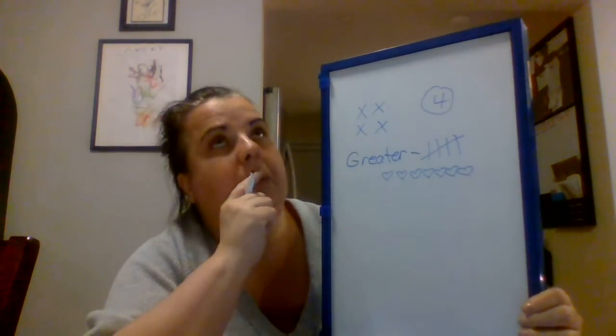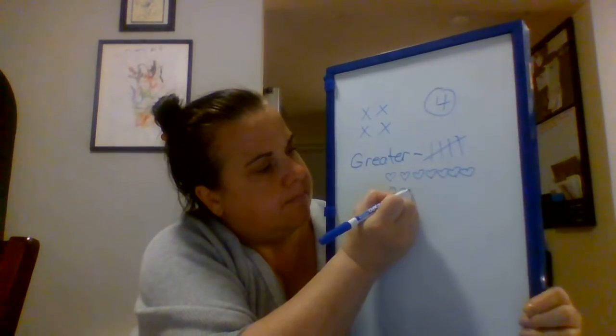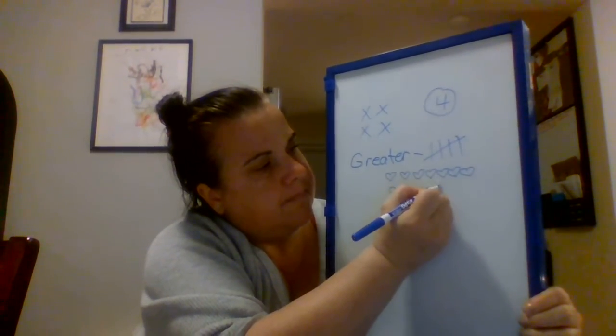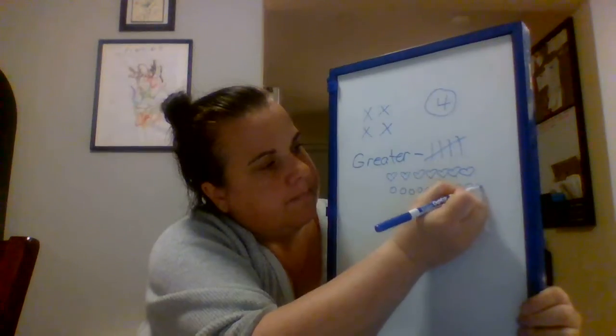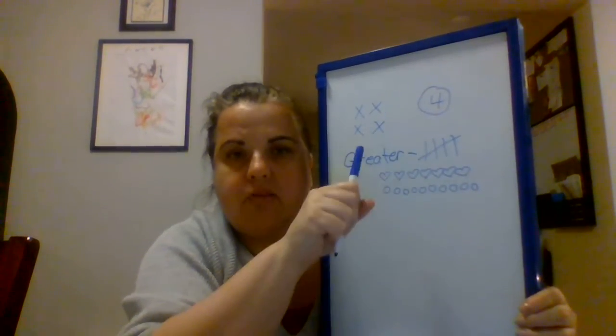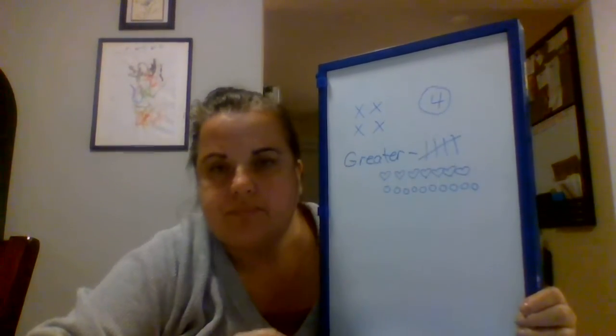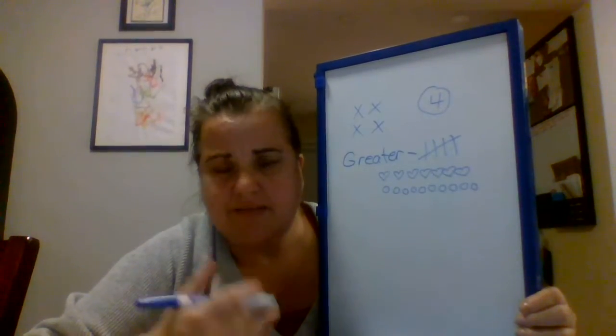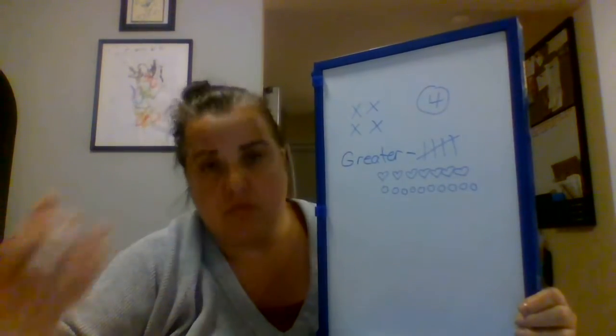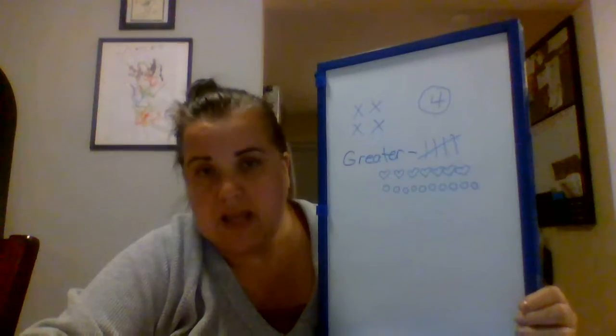You could draw 10. 10 is greater than 4. Okay, you get the idea? That's how you would draw something that is greater than the set that I gave you.